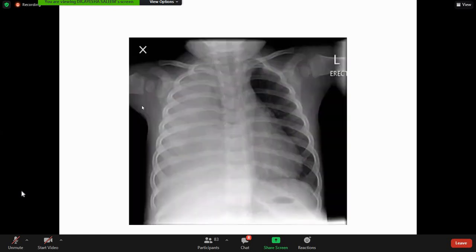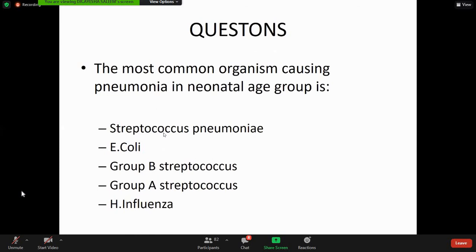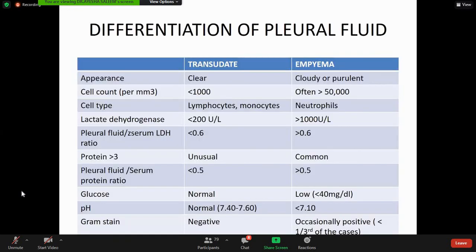Okay, if you have any questions, you can ask. Yes, any questions? This is the one thing which you should all remember: the difference between transudate and exudate.